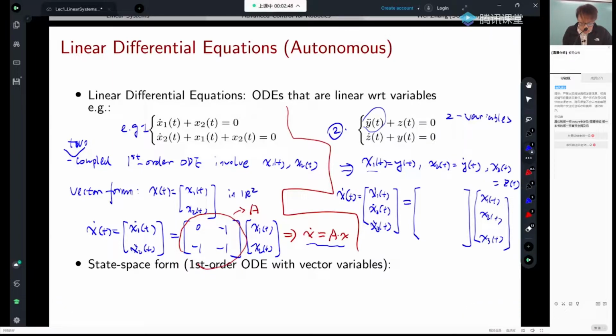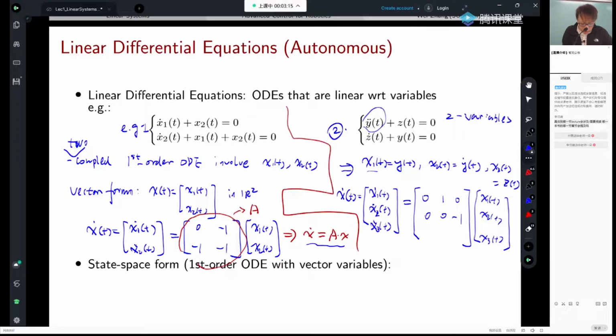X1 dot equals x2. So if you do the multiplication, this row will be 0, 1, 0. X2 dot is y double dot. Y double dot is negative z, which is negative 1 here, right? For the other one, x3 dot t is z dot.